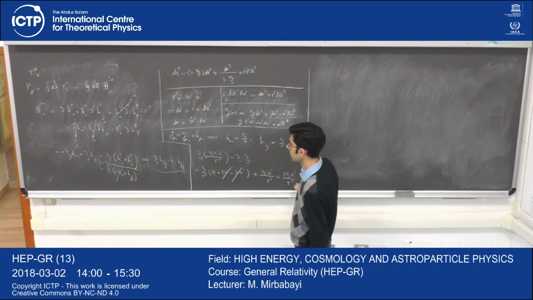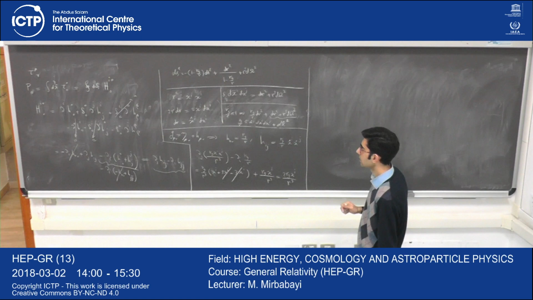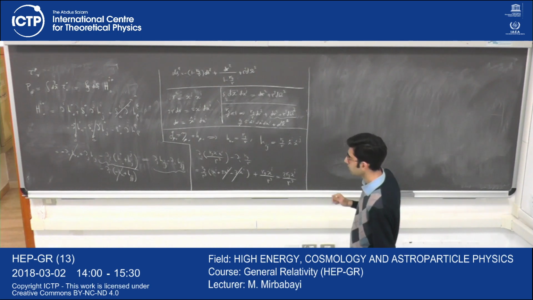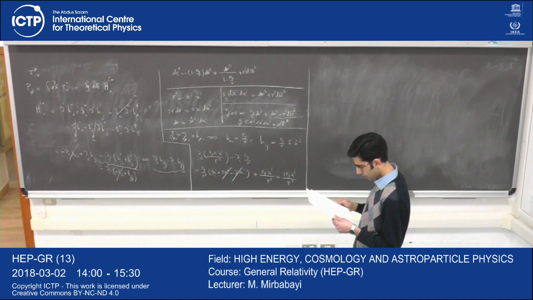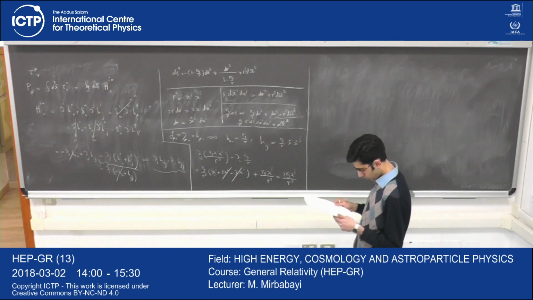Okay, so we should just plug this in there, and yeah, this gives me something positive, but I guess here I haven't been very careful of these signs, so I cannot answer your question about the sign.